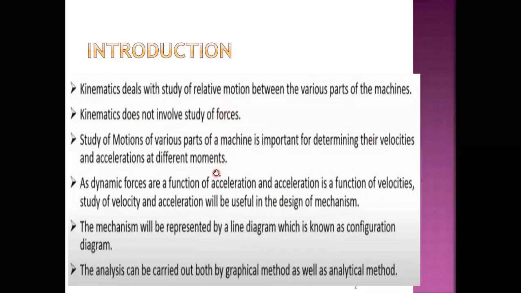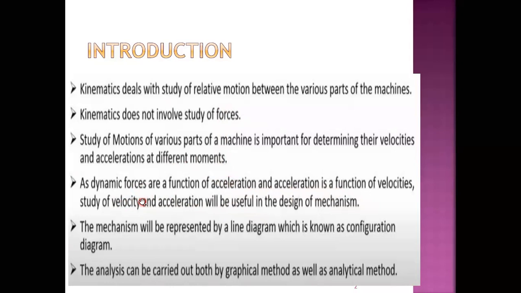Therefore you have to find the acceleration. Acceleration is a function of velocity, since acceleration means rate of change of velocity. Therefore you need to find the velocity first. So the study of velocity and acceleration is very much essential in order to find the forces. Without the velocity and acceleration, you can't find any forces.